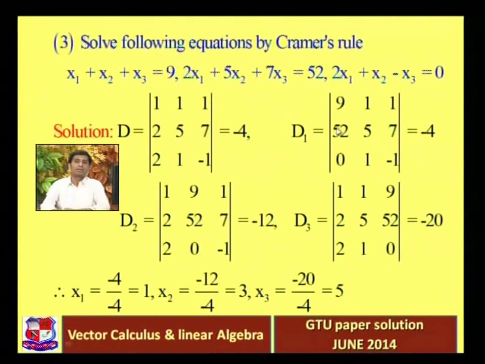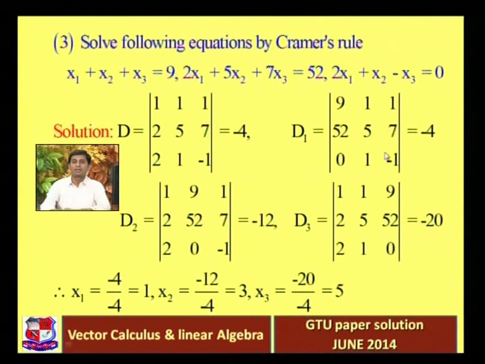See how we make this determinant D1. The second and third columns are as they are. Instead of the first column, we have to put the right hand side of the three equations. You can see 9, 52, 0. So instead of the first column from D, we put 9 52 0.